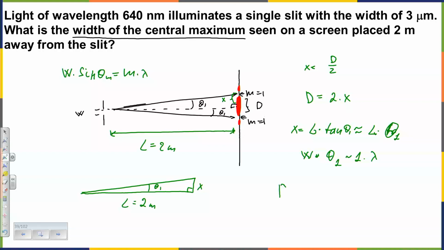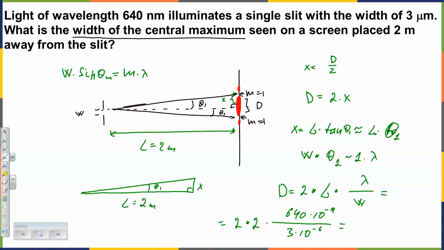And now D will be equal to 2 times L times wavelength divided by the width. So that's going to be equal to 2 times 2 meters times 640 nanometers divided by 3 micrometers. All calculations are very straightforward.